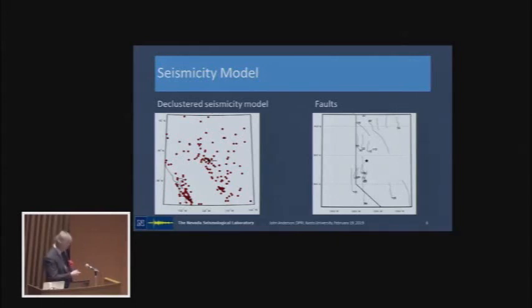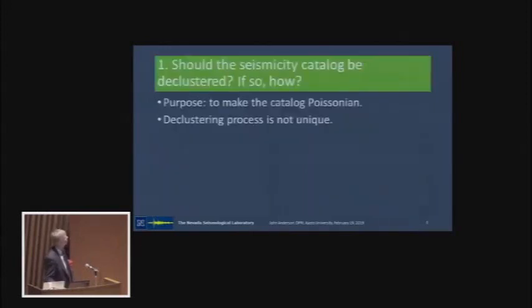And to describe the historical activity, the first thing is to decluster the catalog. And the reason for declustering in the United States is to make the catalog Poissonian. I've put up here the question, should it be declustered, and if so, how? And assuming that we are going to do it, the declustering process is not unique.